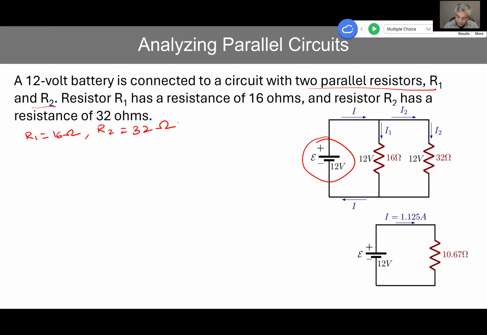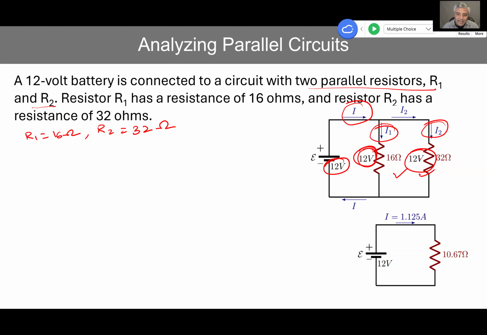Here we want to know what this current is, what this current is, what this current is, right? They are in parallel with the battery, which means this 12-volt battery gives 12 volt to this and 12 volt to this.